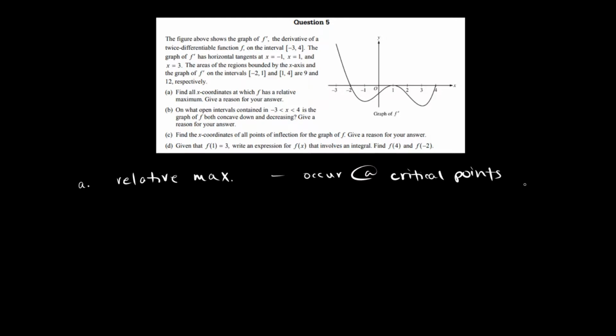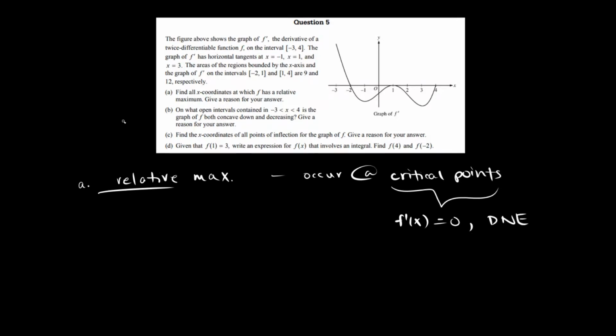And for this problem, we can disregard the endpoints because if they're looking for a relative maximum, the function does not have an endpoint, or else it would have an absolute maximum and minimum. So critical points are when f prime of x is equal to 0 or does not exist.